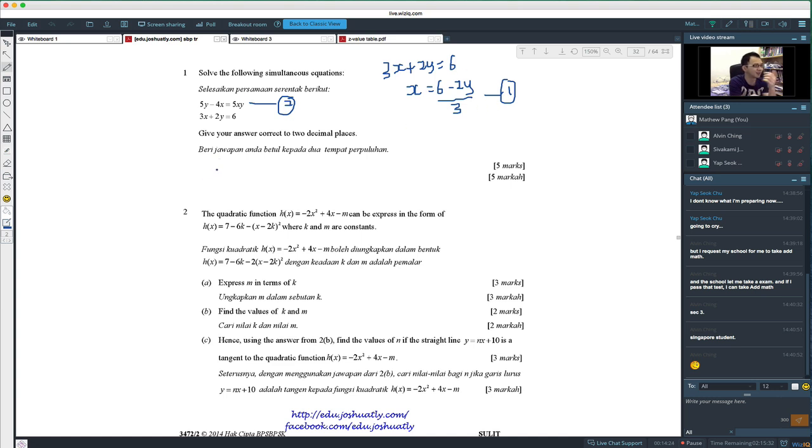So I will write something here. 5y minus 4x, where x is (6 minus 2y) over 3, equals 5xy, and your x is (6 minus 2y) over 3, multiplied with y.